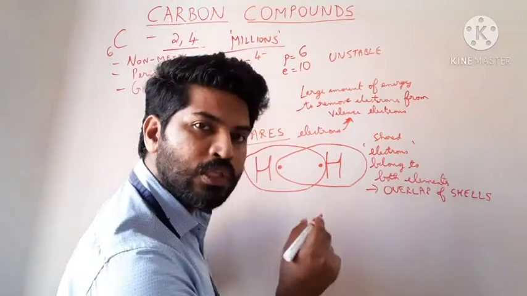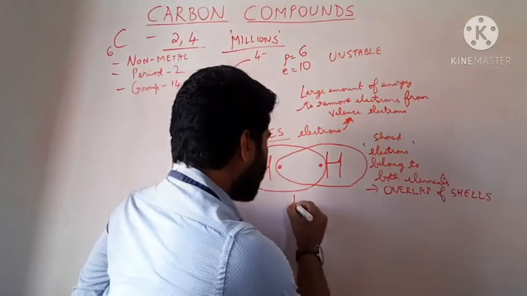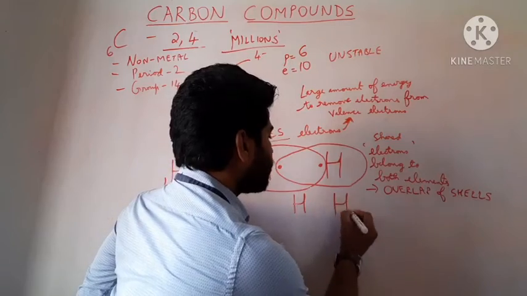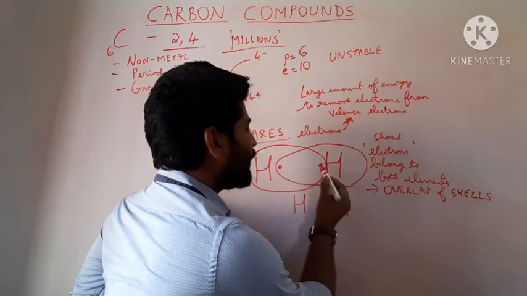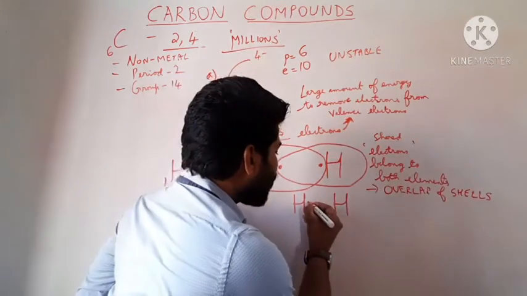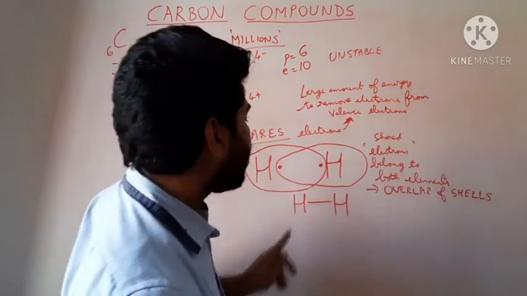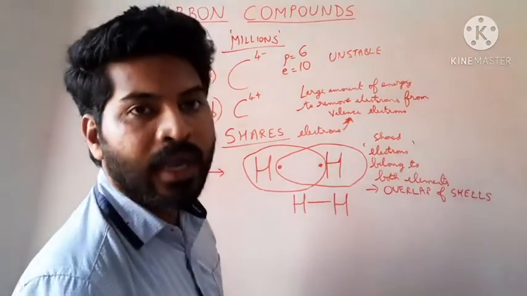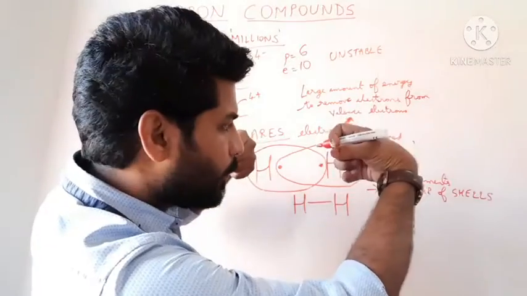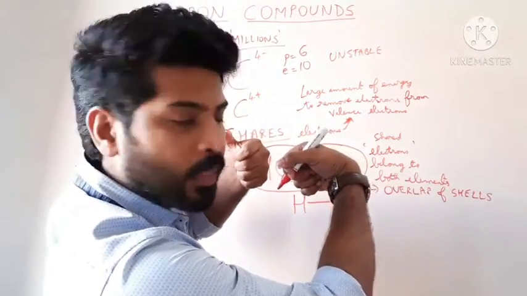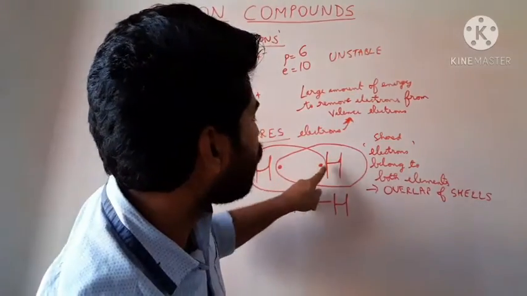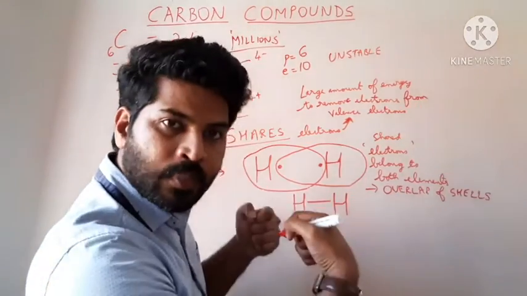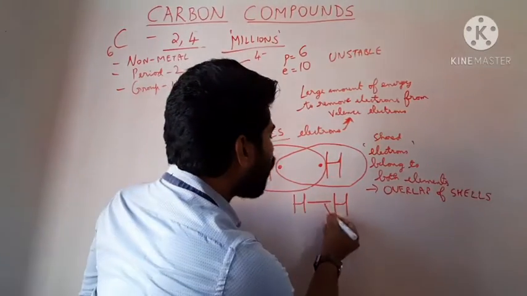This can also be represented as, instead of the two electrons, a line connecting the two hydrogen atoms. So when two hydrogen atoms come close together, when the outermost electrons are shared, they form a bond.